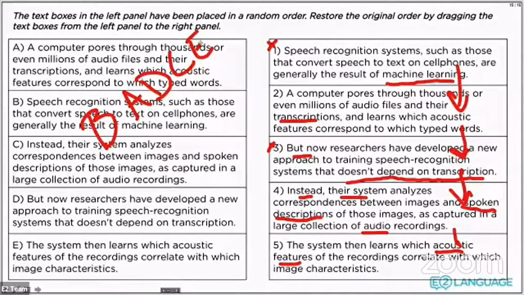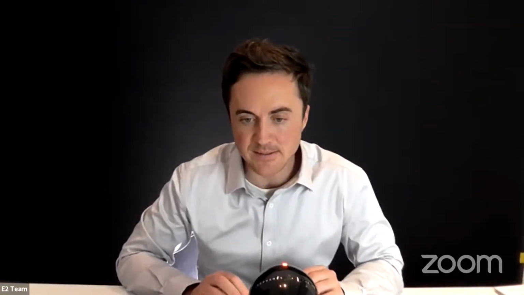Did anybody get B, C, E as their answer? Because if you did, oh, nice. Okay, somebody got one sentence wrong. Somebody got one sentence wrong, which means two of them would have been out of order because you can't just get one wrong. It means the other one would have been wrong.